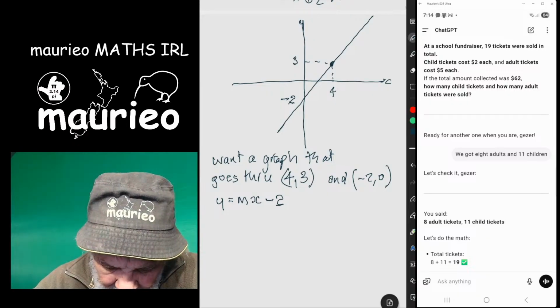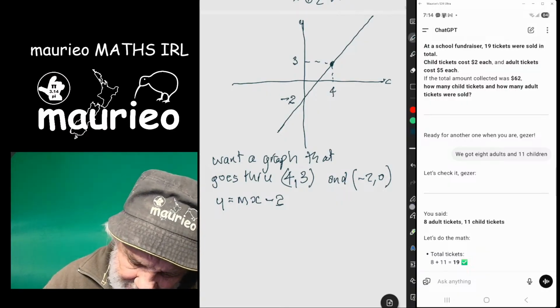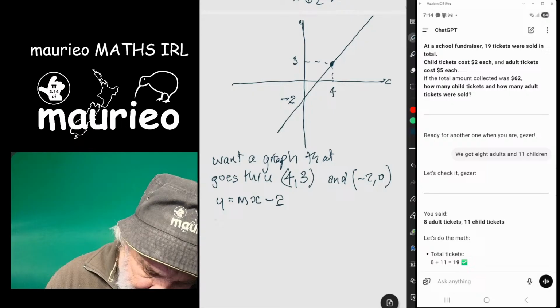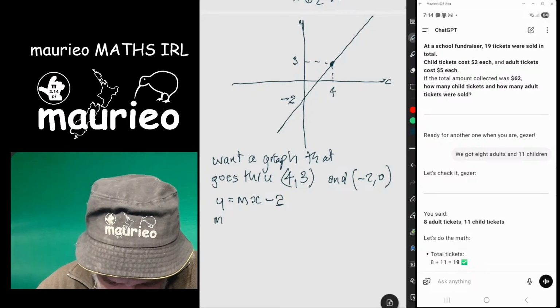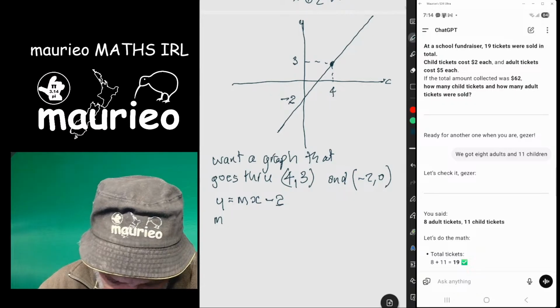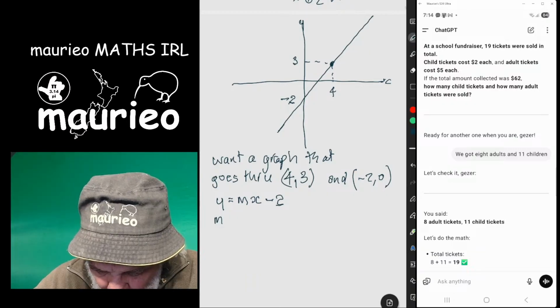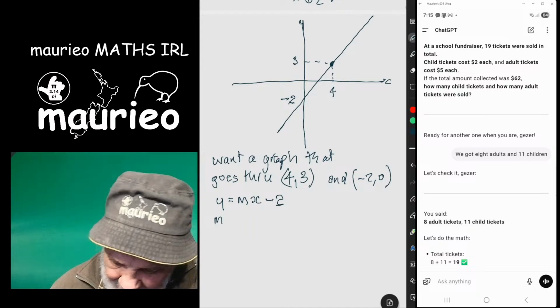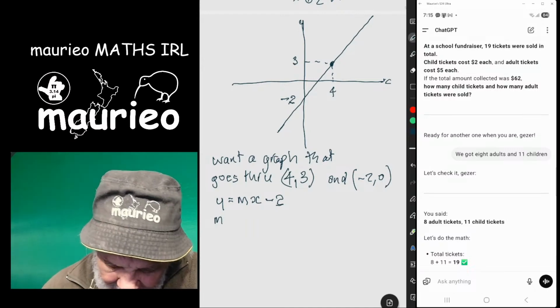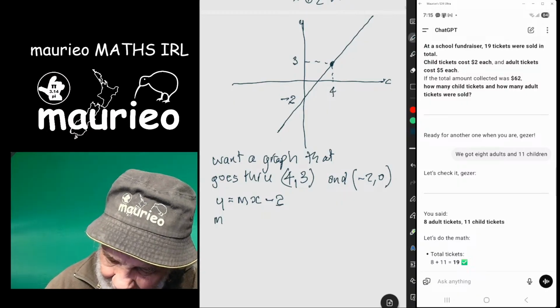And we also know that it goes through the point 4, 3.